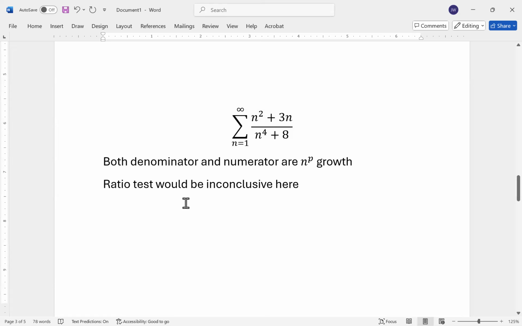Okay? And if I did actually calculate that limit of a sub n plus 1 divided by a sub n, it turns out, I won't go through the calculations, this is a case where the limit would have come up as a 1.